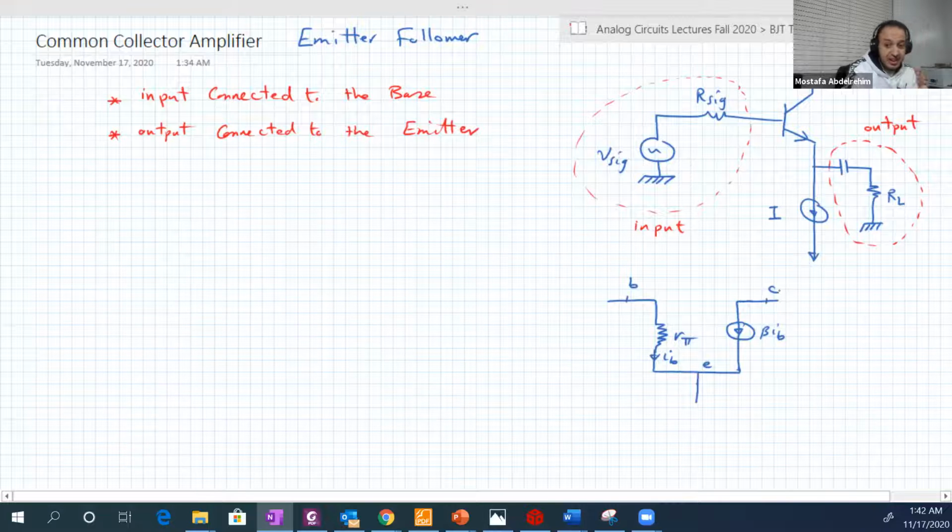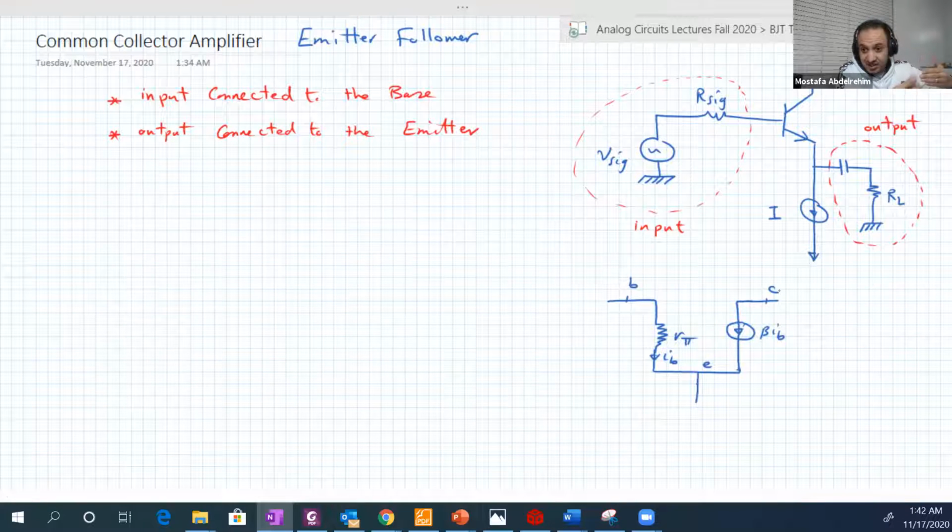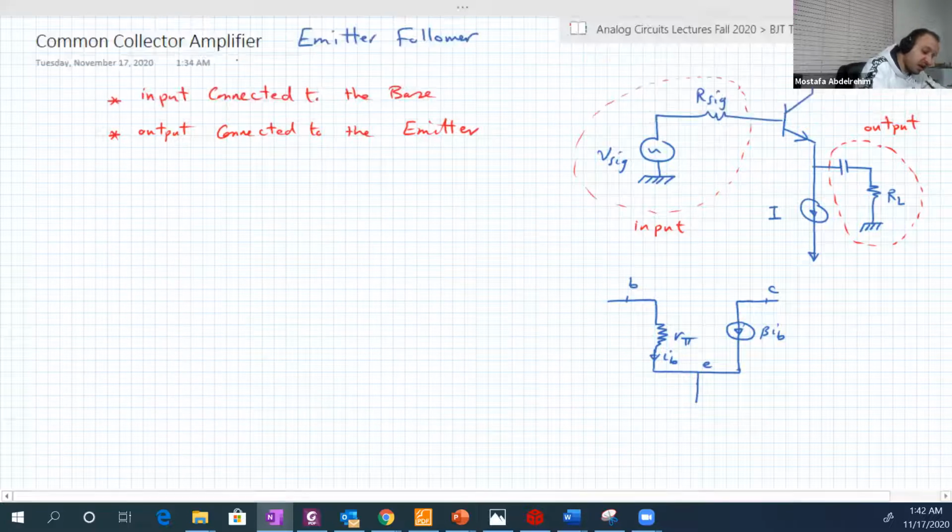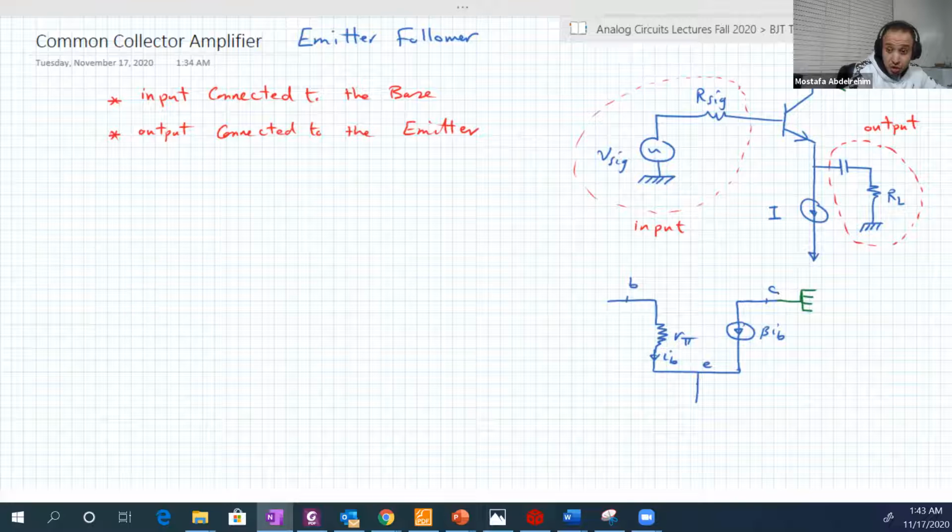So in AC, the DC sources are cancelled. So VCC will be connected to ground. This guy will be connected to ground, so the collector is basically connected to ground. Good. Another DC source that we should cancel is the current source.